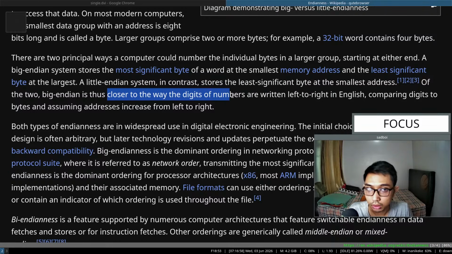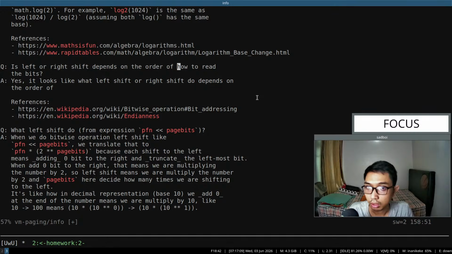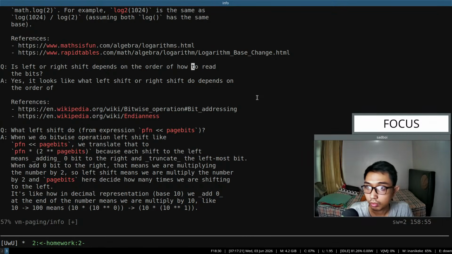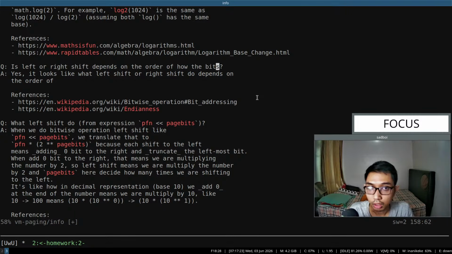Those closer to the digit of a number are written left to right in English. Oh, the order of how the bits are written, maybe something like that. Oh, maybe how the bits are stored.